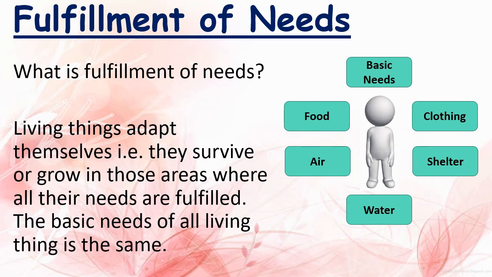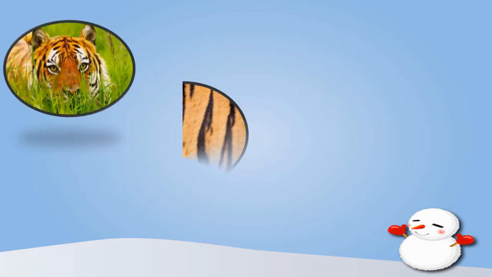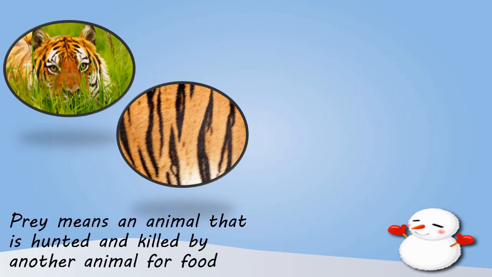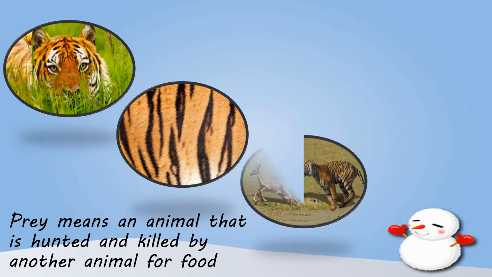A tiger has stripes. It hides among tall grasses. Its prey means an animal that is hunted and killed by another animal for food. When the tiger is hungry, here in the picture you can see the tiger is hunting a deer.